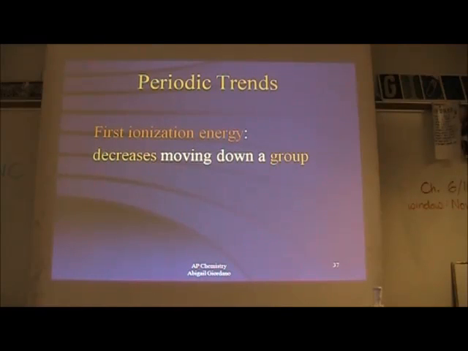Let's talk left to right. Sodium versus chlorine. Which one has the stronger effective nuclear charge? Chlorine. So which one of those two would it be more difficult to take an electron from? Chlorine.